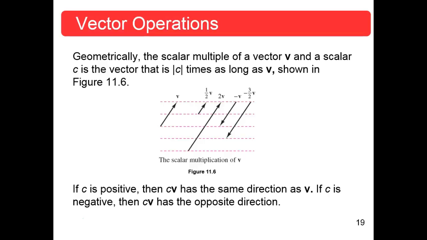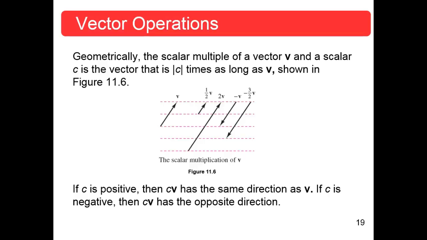Now, geometrically, the scalar multiple of a vector V and a scalar C is the vector that is the magnitude of C times as long as V, shown in this figure.